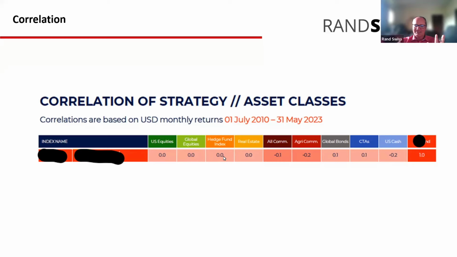zero correlation to the hedge fund index, to real estate, a little bit to commodities, a little bit to global bonds and cash. So just to show you, when you think of the non-correlation, or those silos that don't care about what the rest of the product set is doing, they are out there.